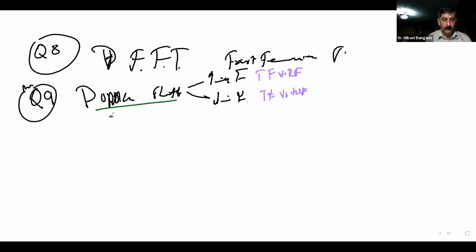Which means it will be anything between 20 hertz to 20 kilohertz.